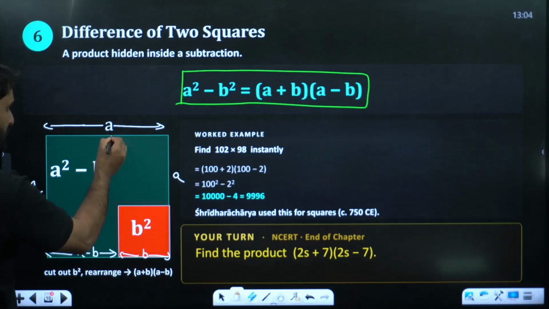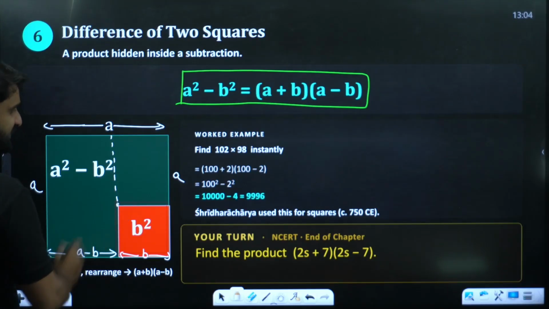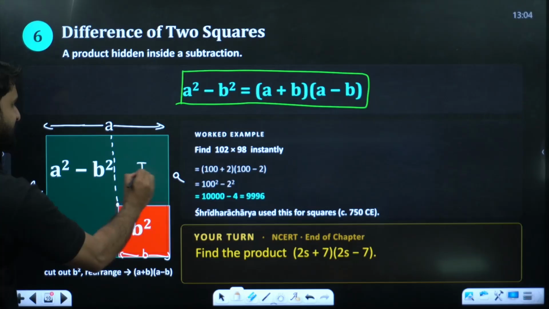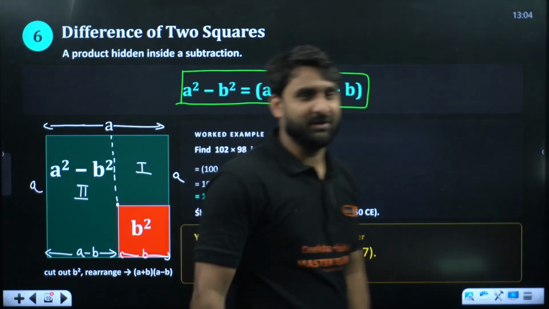So let's join this point here. Let's say this is the first compartment and this is your second compartment. Right, everyone?